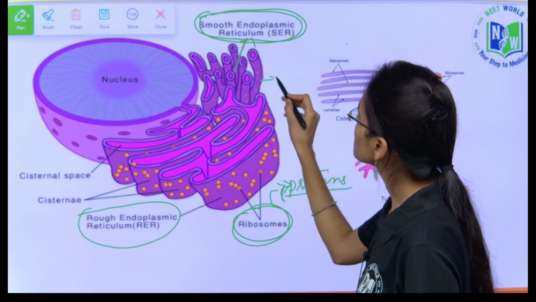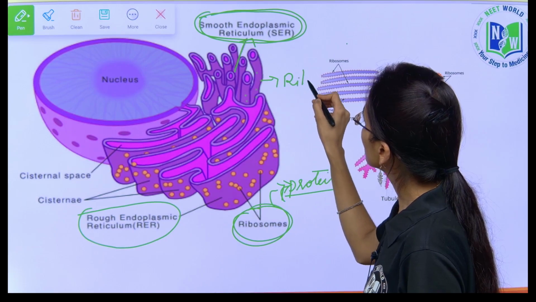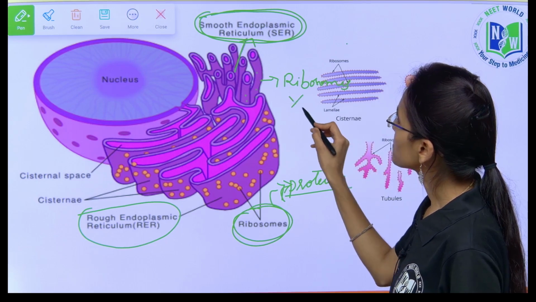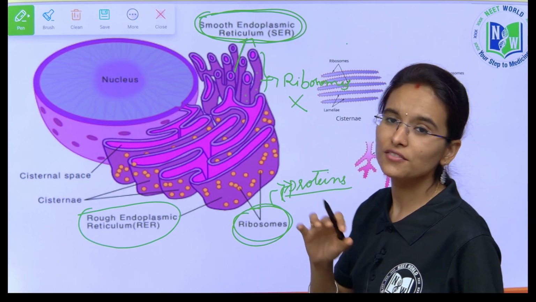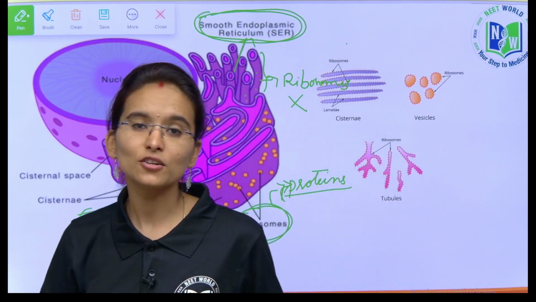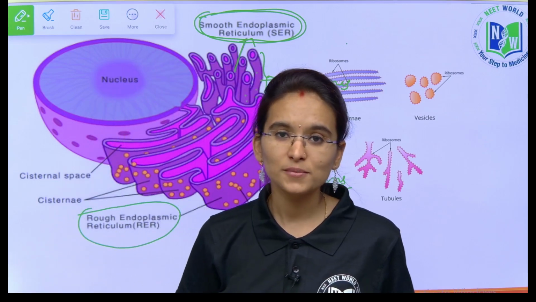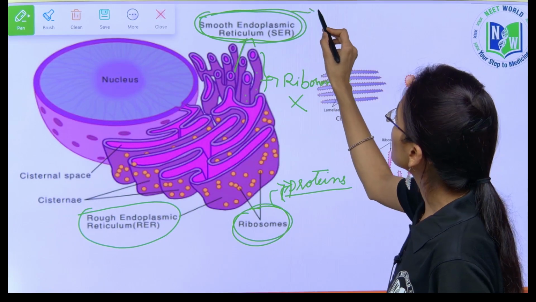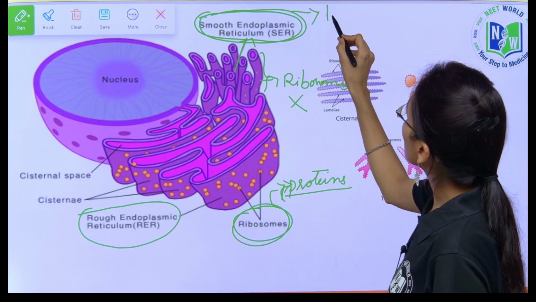Here the ribosomes are absent, and the smooth endoplasmic reticulum is involved in the synthesis of lipids.